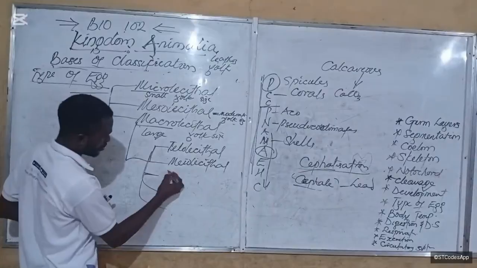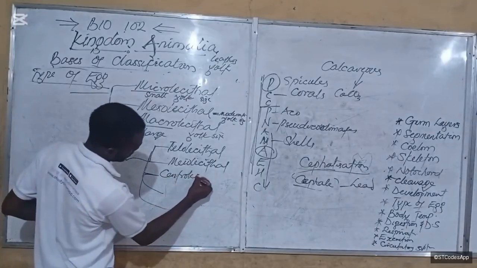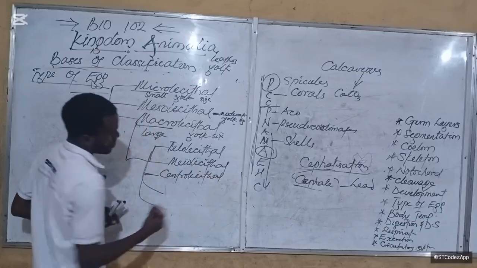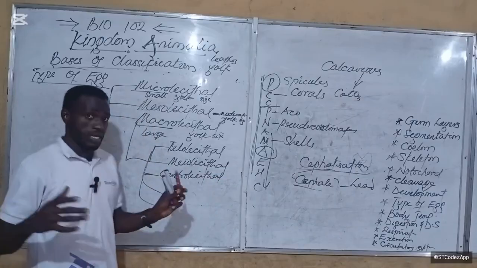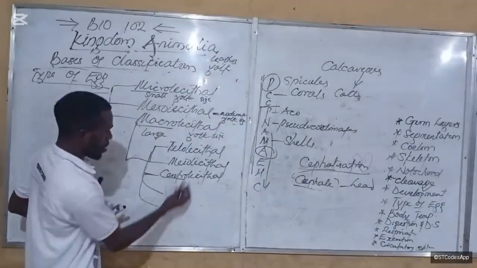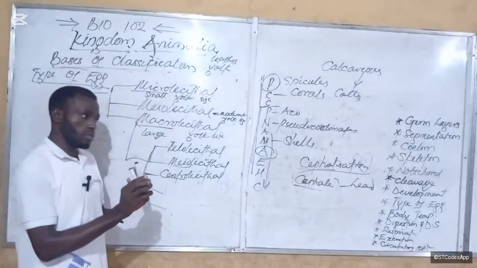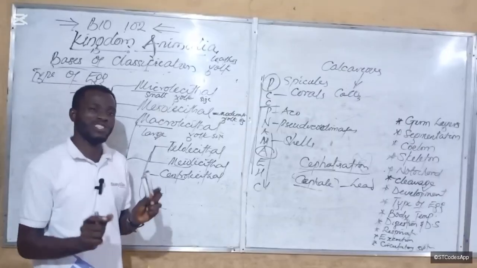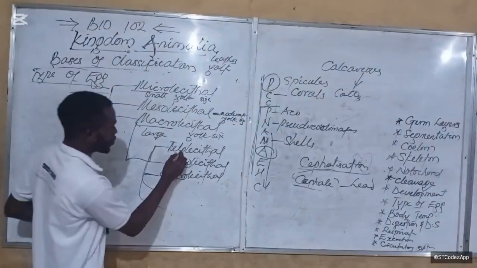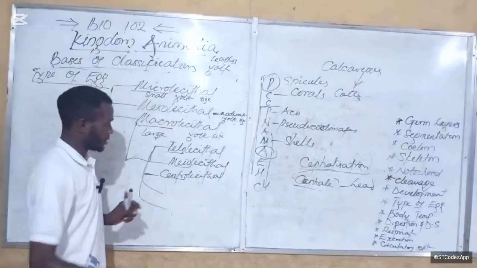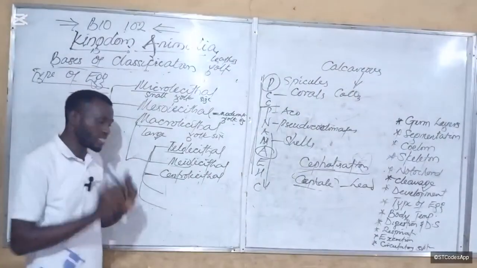Then we have the centrolecithal. This is one in which the yolk, the word telo means end. Exactly. Central, center.